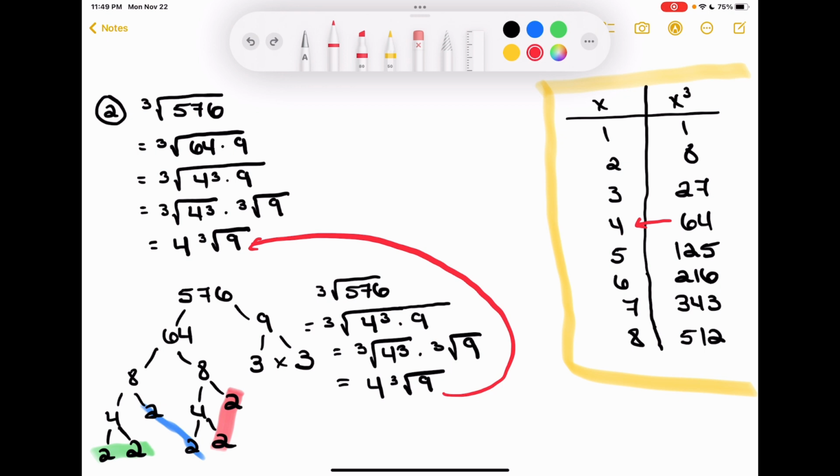Quite honestly, you'll end up using the first method more, picking the highest perfect cube, and then in the last problem, you'd most likely pick the highest perfect square. But knowing the prime factorization method tells you where these numbers specifically come from to make these tables work the way they do.